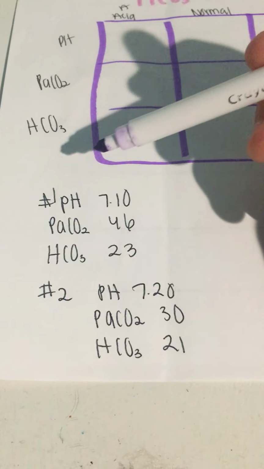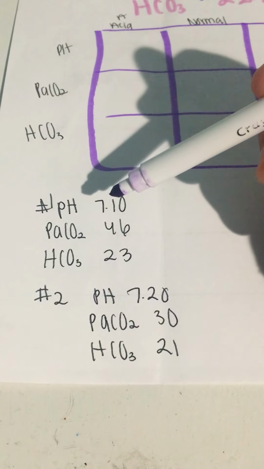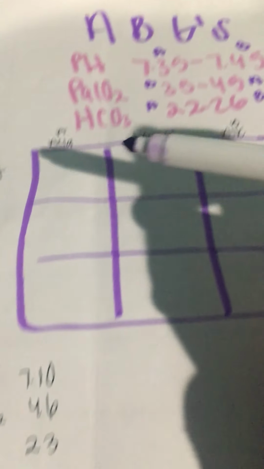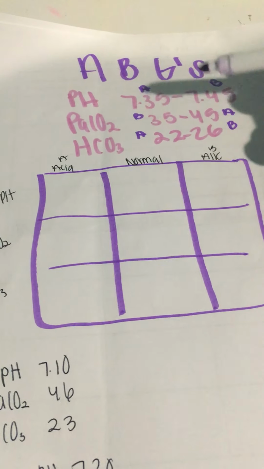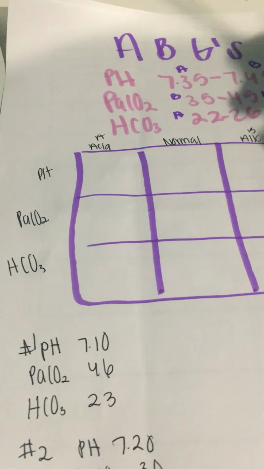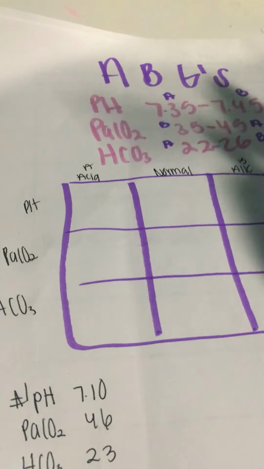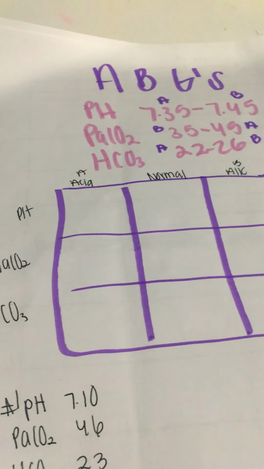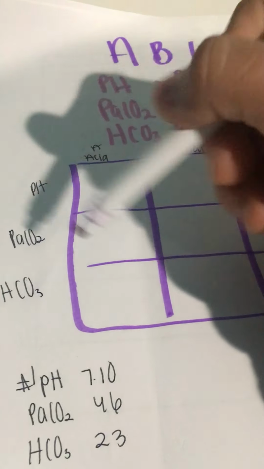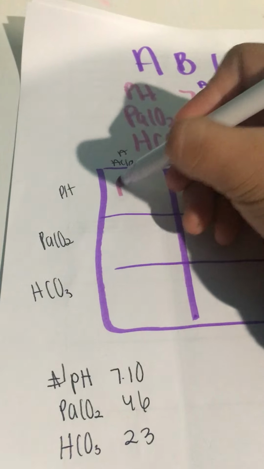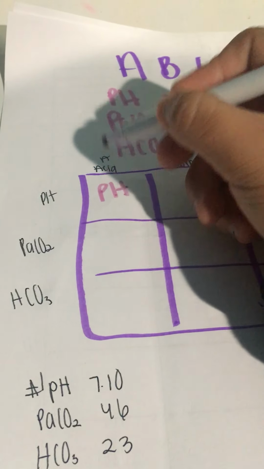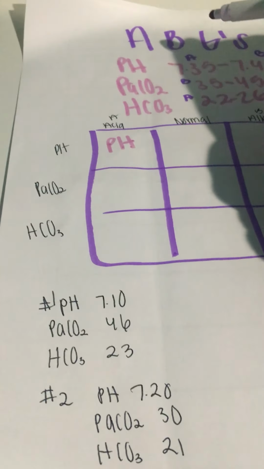We have a pH of 7.10. When we look here, this is below range, so it's going to be acidosis. So in our grid, we put pH right here because it's acidosis. It's below 7.35.